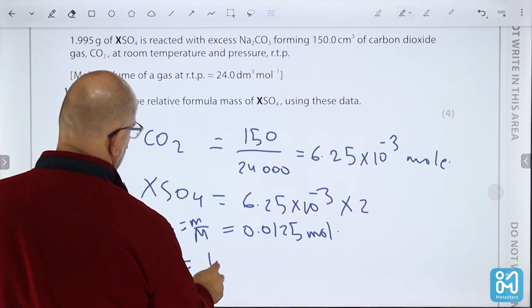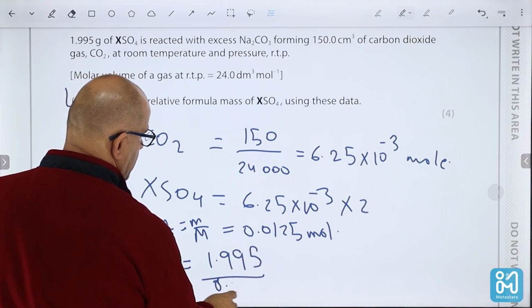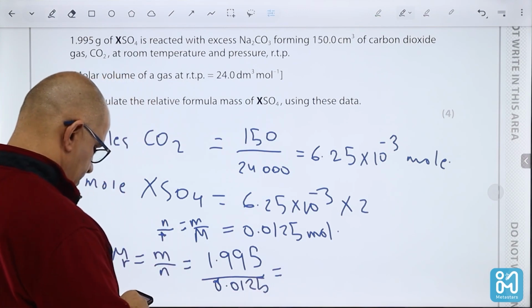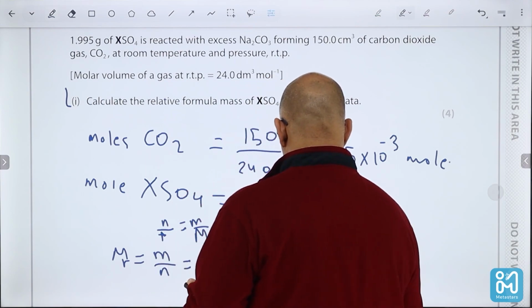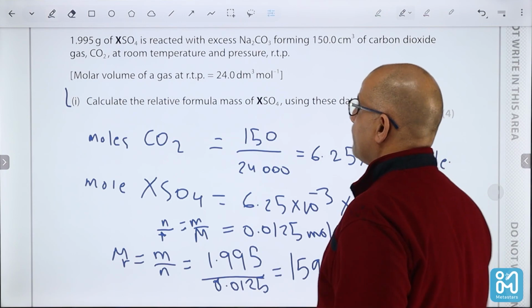So it is 1.995 over 0.0125, which equals 159.6.